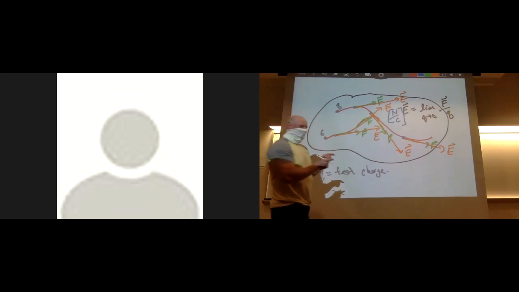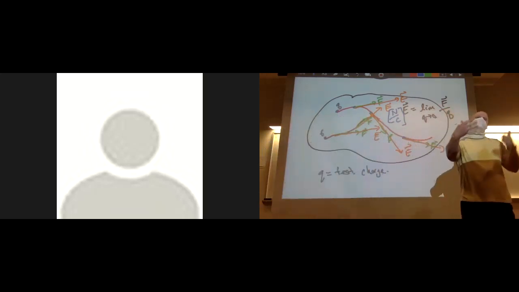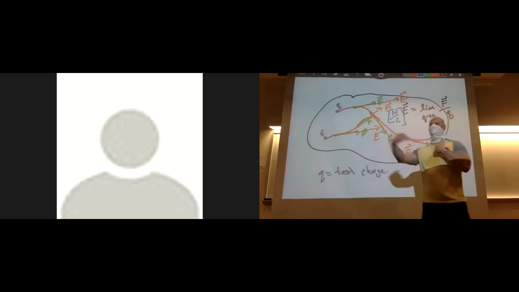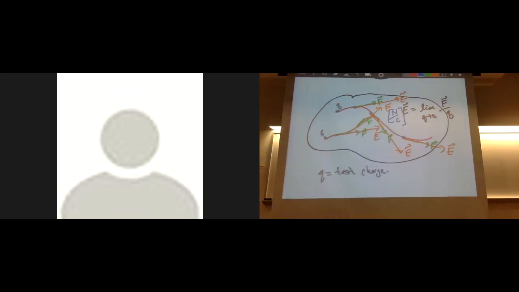But if I want to test what that electric field looks like based off those charges, I don't want to move those charges. I simply want to put in a charge that's going to sample what's going on without moving those charges. Meaning I want the force on it to be as small as possible because I don't want it to change what's actually happening. Right? That's what this thing says.